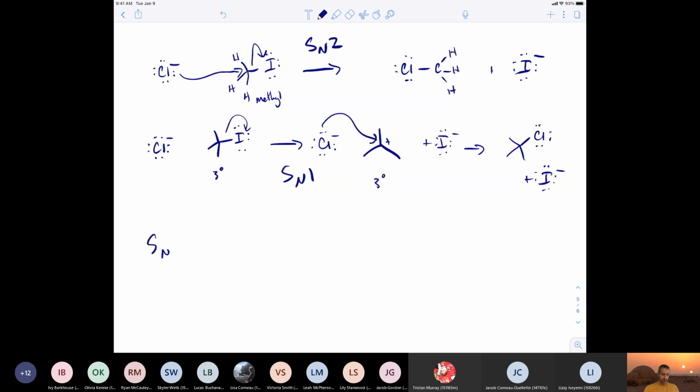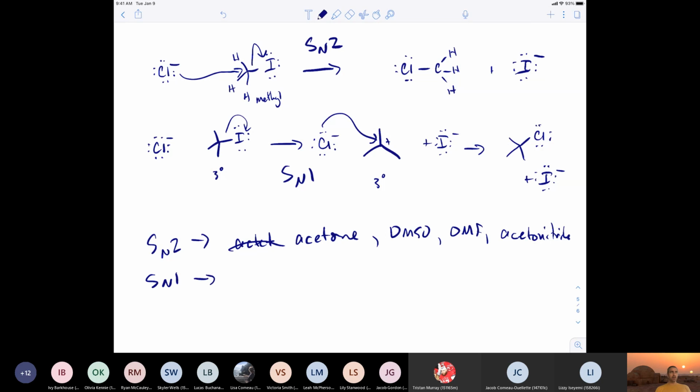So for SN2, good solvents are things like acetone, DMSO, DMF, acetonitrile, etc. Whereas SN1 is better with a protic solvent, like water, alcohols, carboxylic acids, amines, things like that.